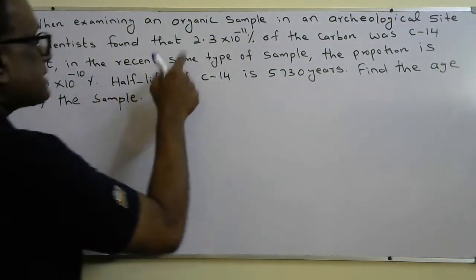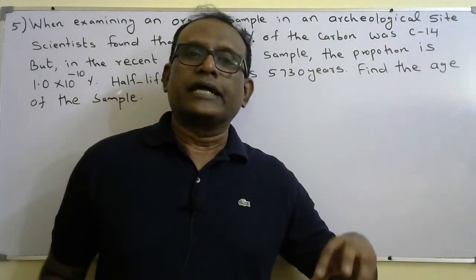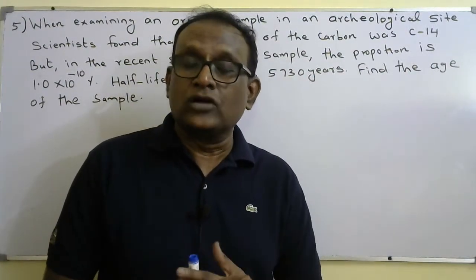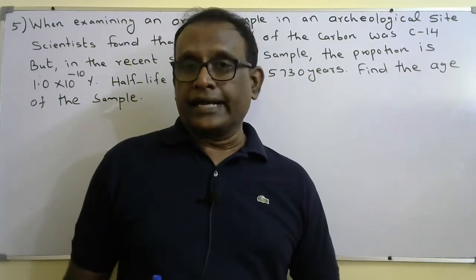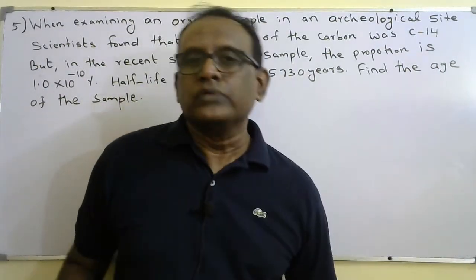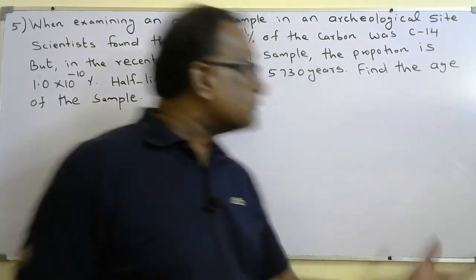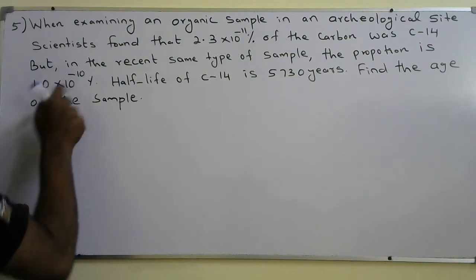But in a recent sample of the same type, sometimes you might not be able to check the amount of carbon 14 to carbon 12 in currently living organisms. So you might check a recent sample, maybe from a few days or years before it died, in which the ratio is 1.0 × 10^-10.